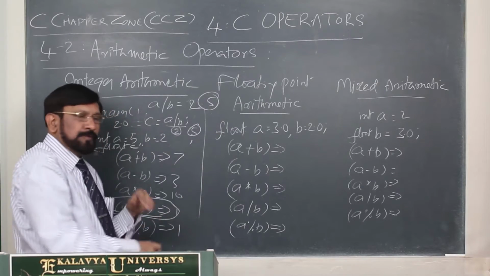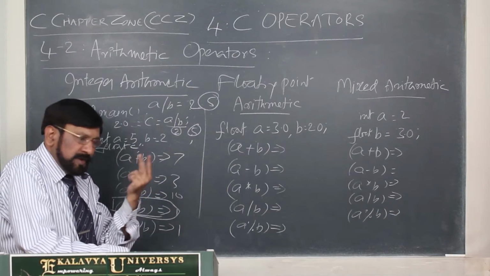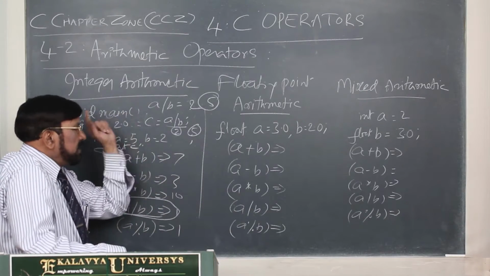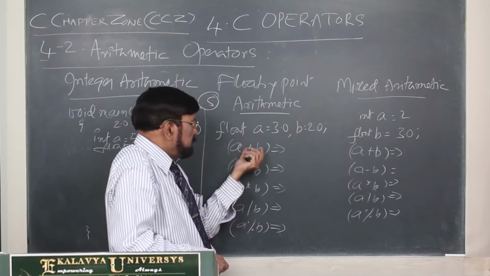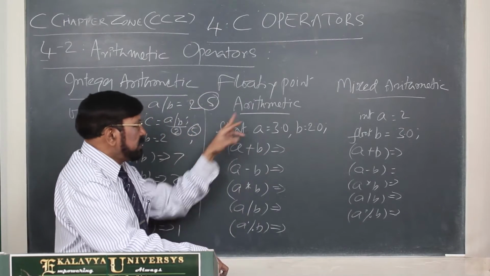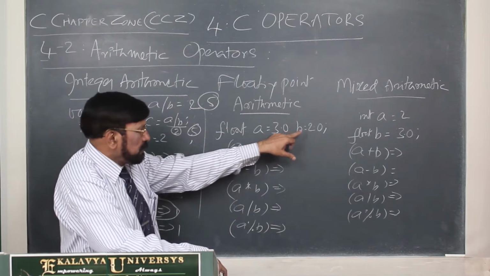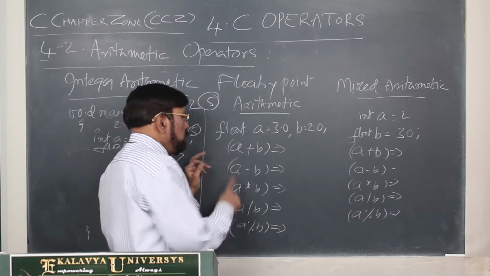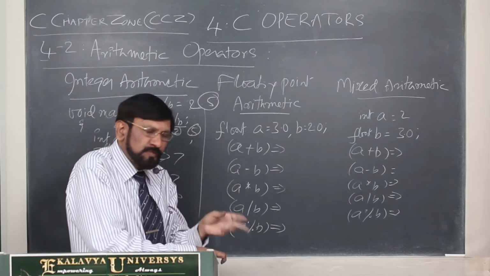So, if you perform an arithmetical operation on two integer operands, then it is called integer arithmetic, and if both operands are floating point, then it is called floating point arithmetic. Now you see, A is 3.0, B is 2.0. Now A plus B. Float versus float, the result is always float.